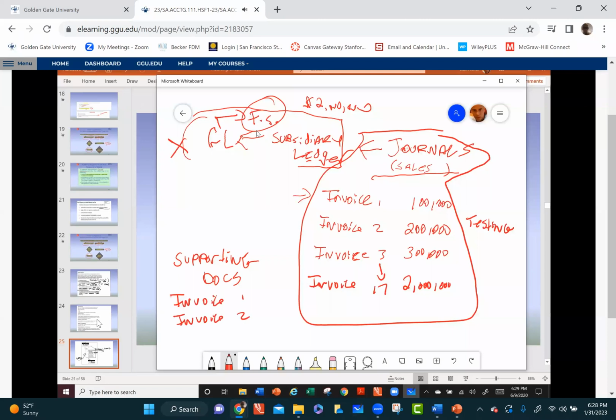So I have the actual invoice here, and I'm going to pull that invoice, but I'm also going to look for shipping documents.